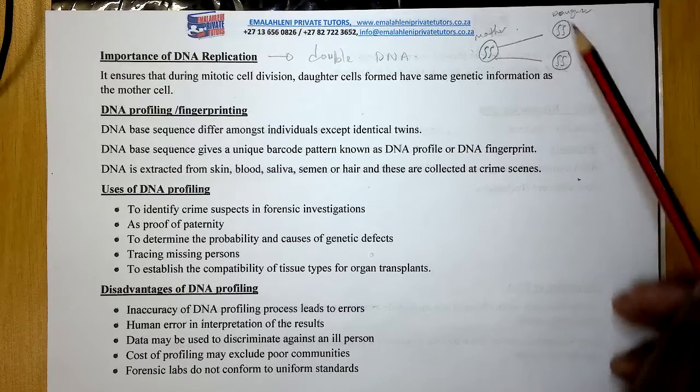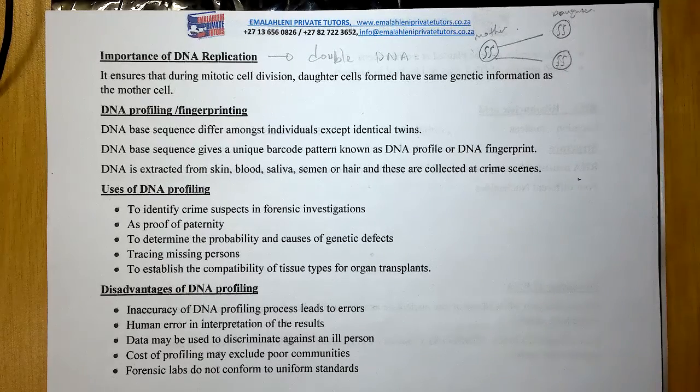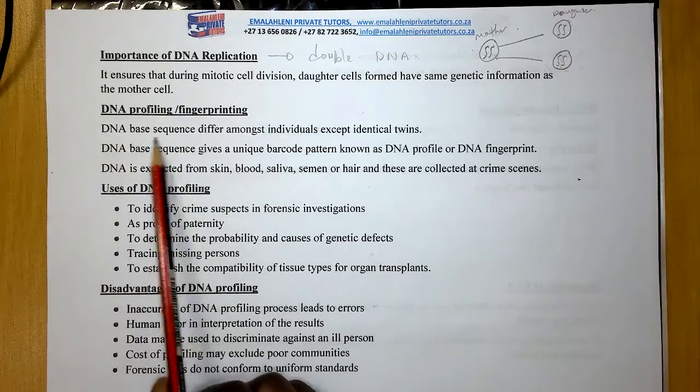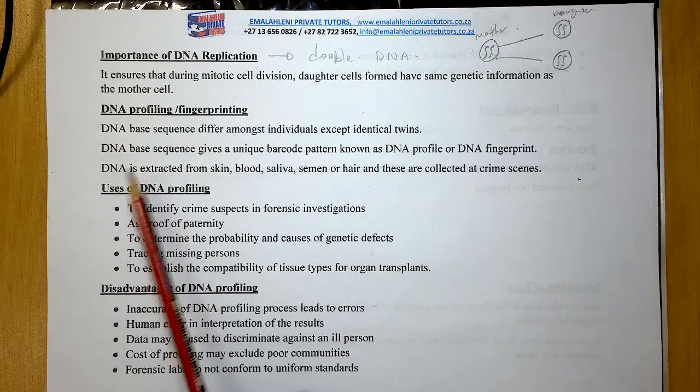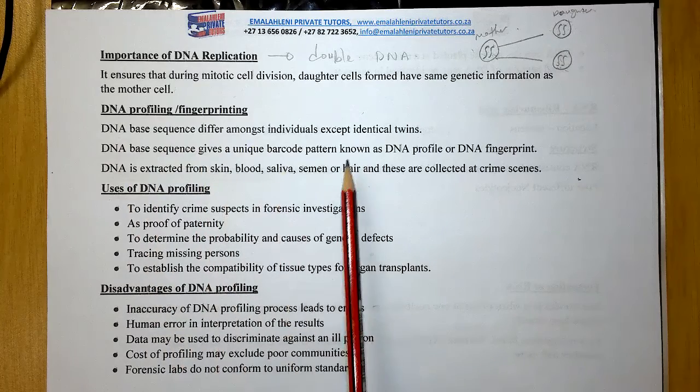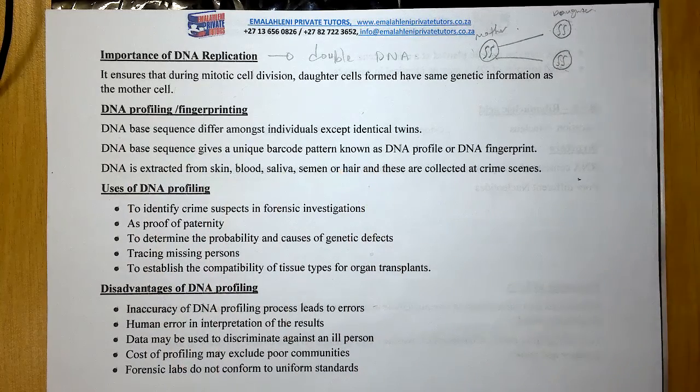So you find the DNA is identical in both of the children. Now, DNA base sequences differ among individuals except identical twins. I think I've explained that. Also, the DNA base sequence gives a unique barcode pattern known as a DNA profile or DNA fingerprint.